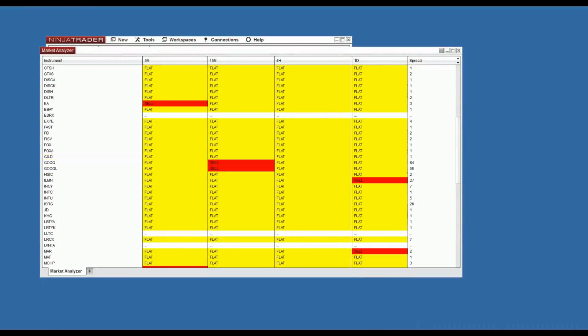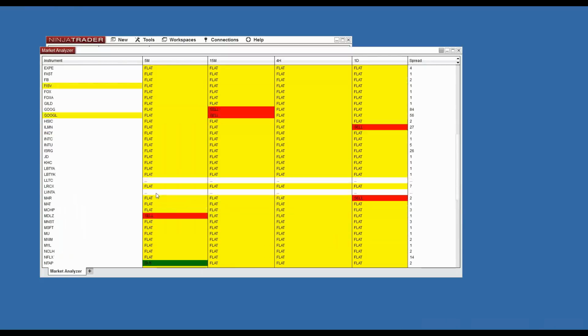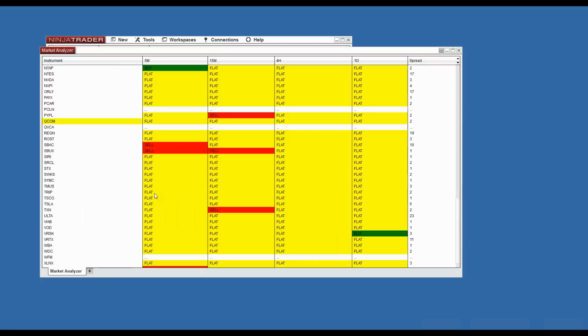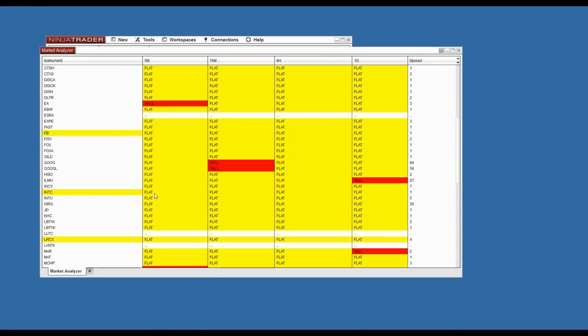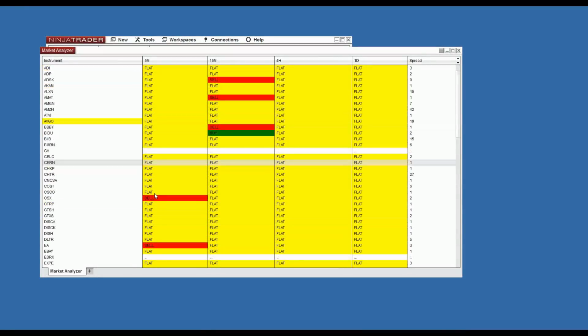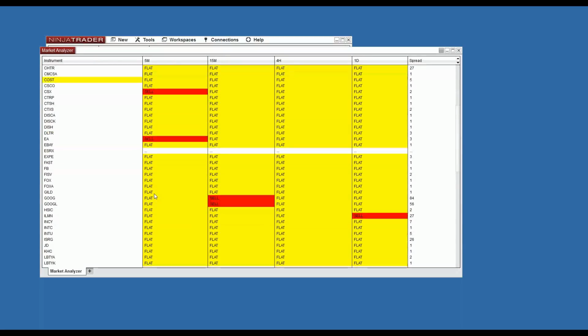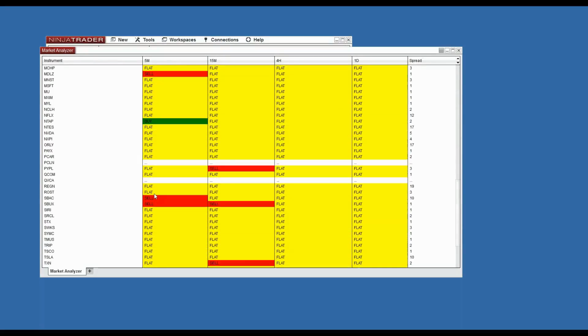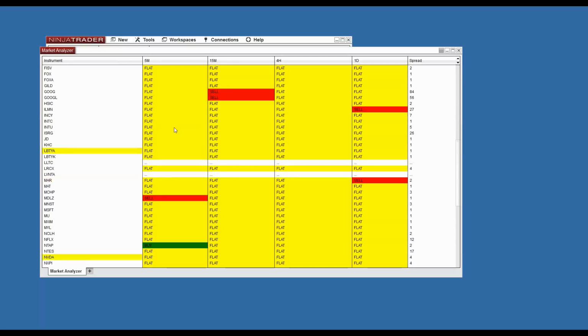Now here's the analyzer, but I don't want to really talk about it yet. It's accumulating data for stocks on the entire NASDAQ 100. It can look at stocks, futures, and Forex. You're going to have to open it up about half an hour before you want to trade, because obviously it's got to accumulate a lot of data.